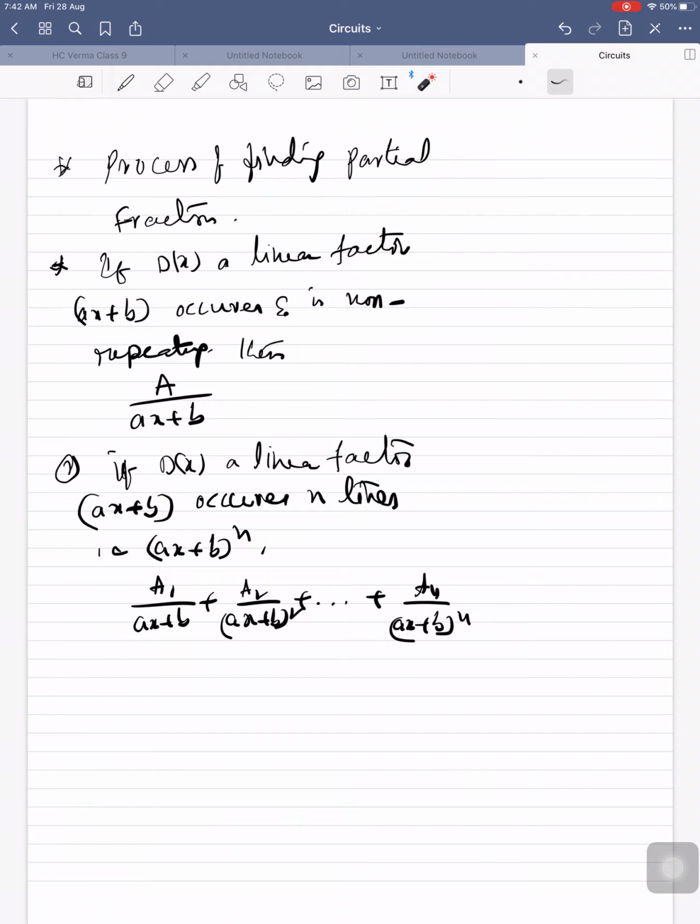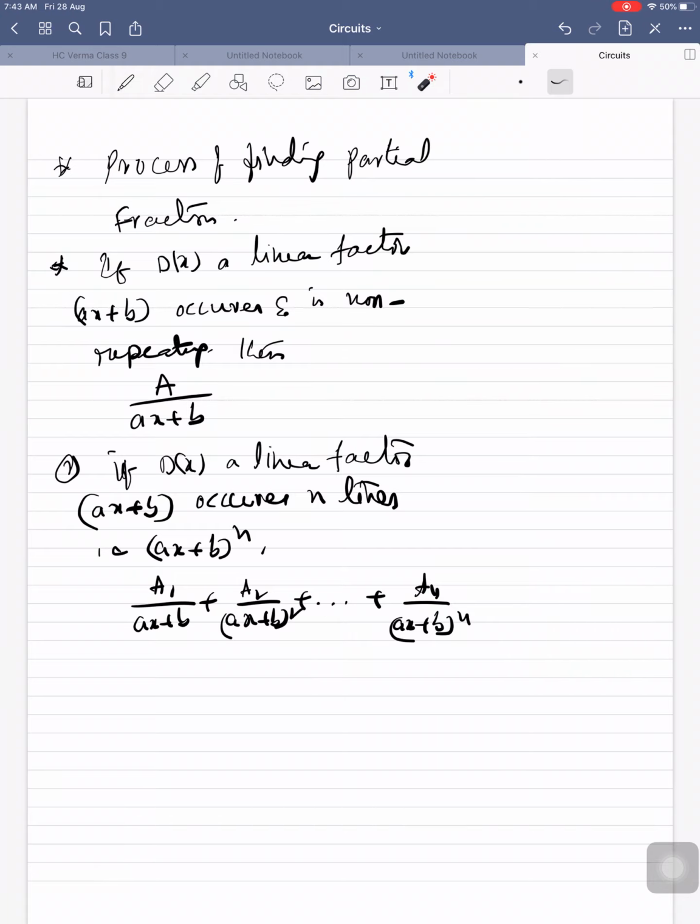Process of finding partial fractions. There are 4 processes to find the partial fraction. The first one is directly you can do the partial fraction.